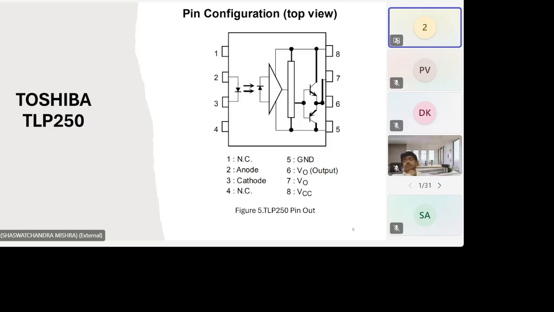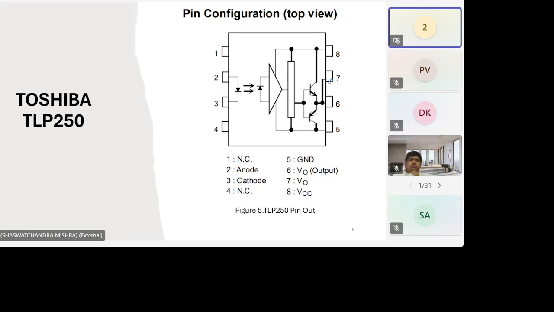So whenever a small voltage appears across its input, the output of the op-amp will saturate to either plus rail or minus rail. Whenever this op-amp's output goes to the plus rail, our amplifier circuit will be triggered, and the voltage will appear across this sixth and fifth terminal.